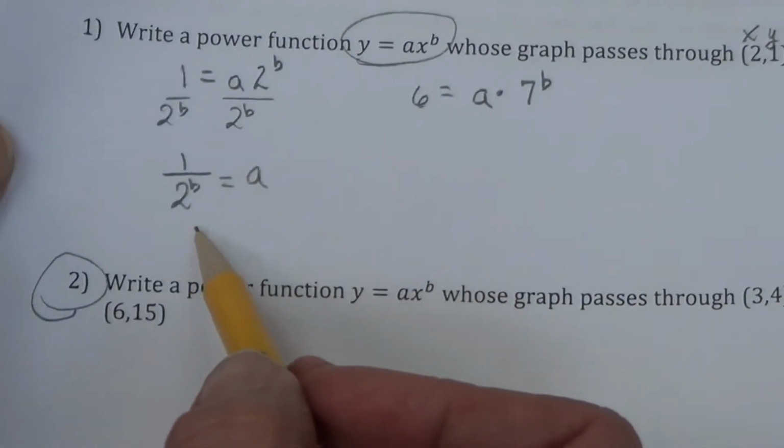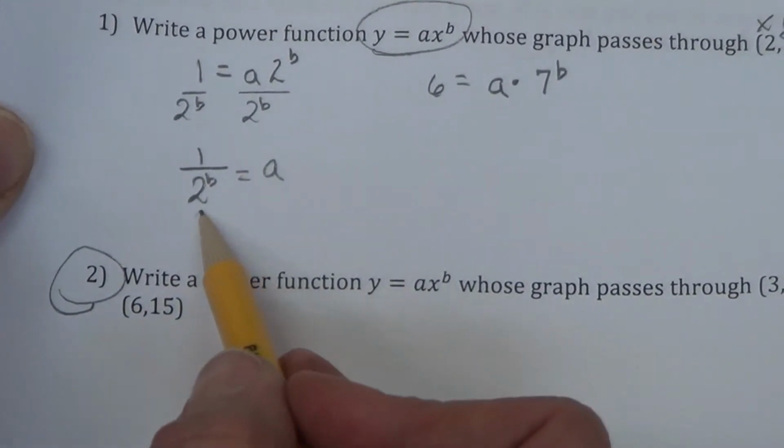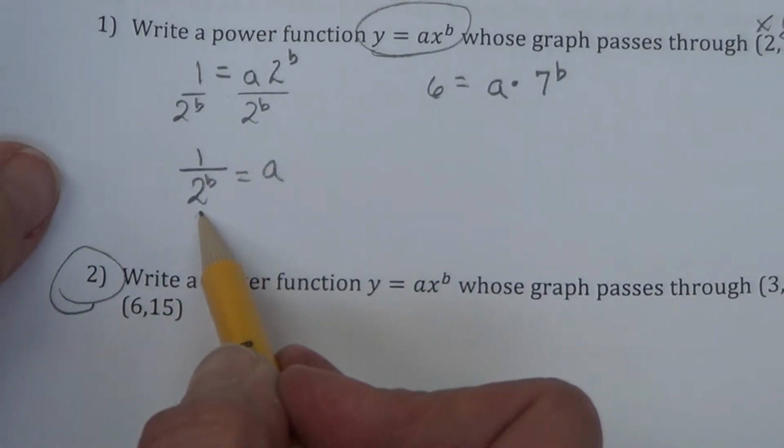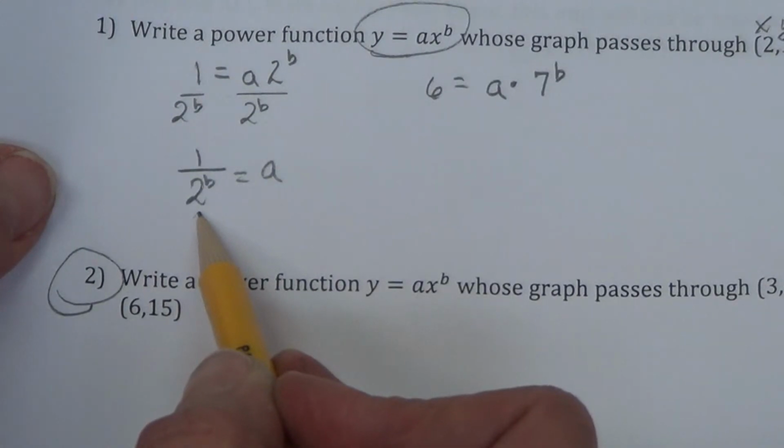Well, we know that A is equal to 1 over 2^B.